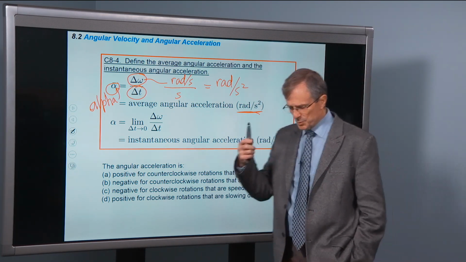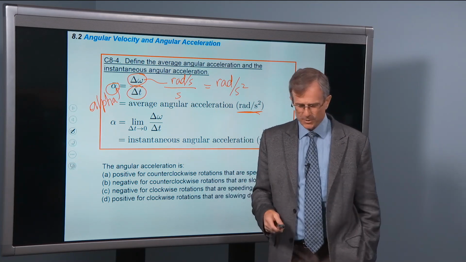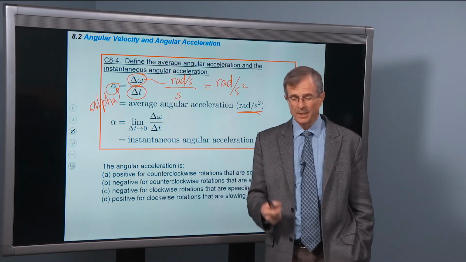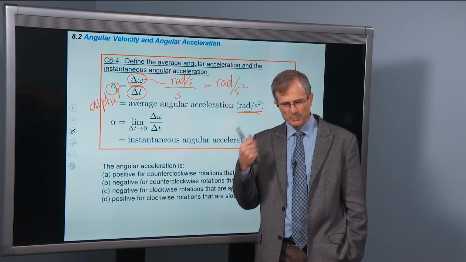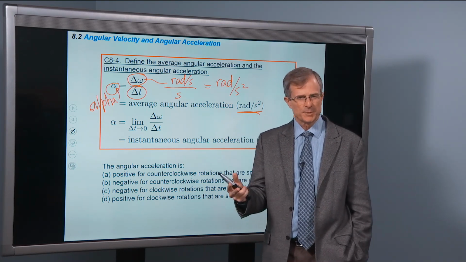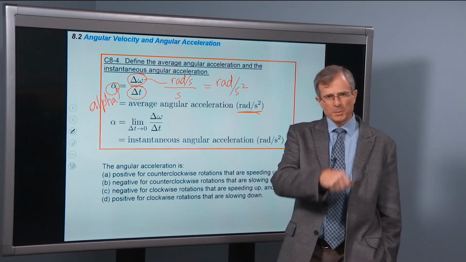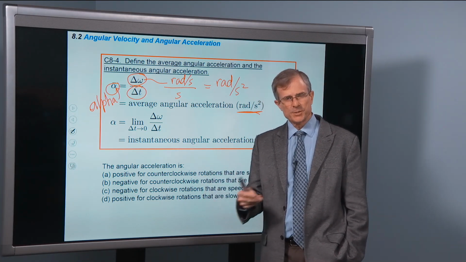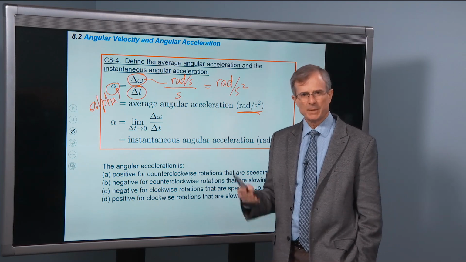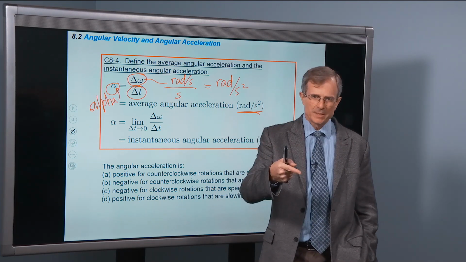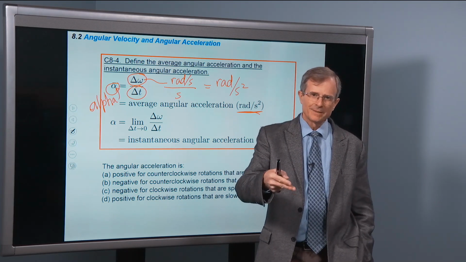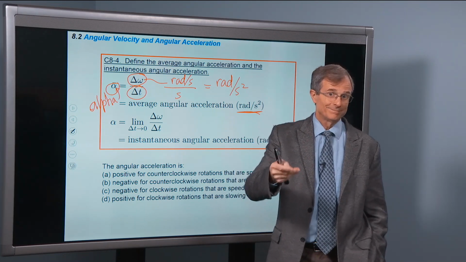So displacement, velocity, and acceleration in Chapter 3 were measured in meters, meters per second, and meters per second squared, respectively. Displacement, velocity, and acceleration in the angular sense in Chapter 8 are measured in radians, radians per second, and radians per second squared.